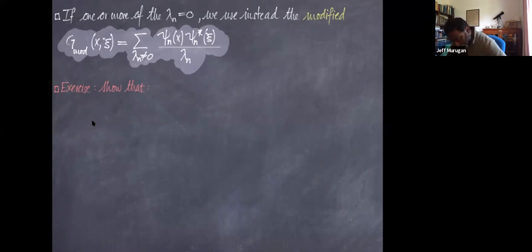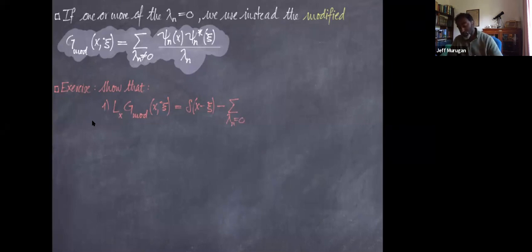The first thing is that Lx acting on the modified Green's function is also delta of x minus psi, but the contribution of subtracting off the zero modes contributes an additional term, which is the sum over lambda n equal to 0.